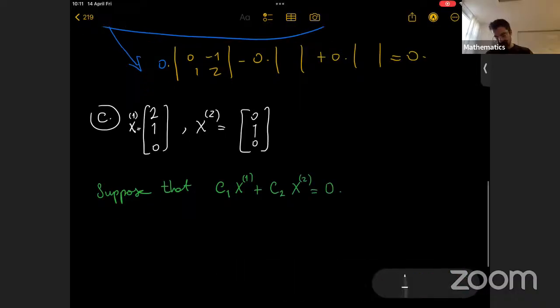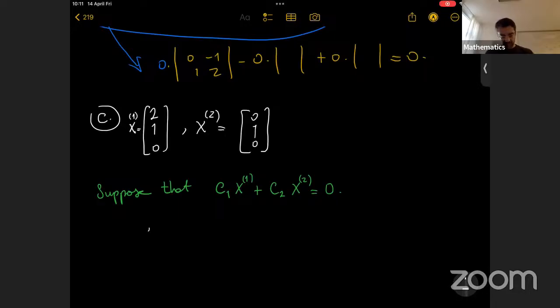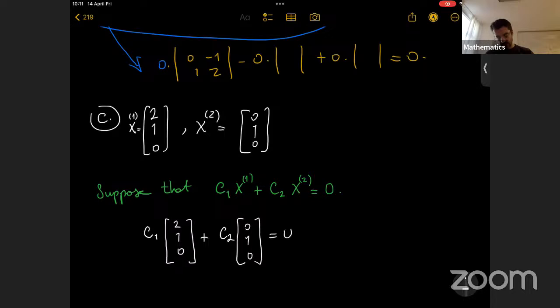This implies basically C1 times (2, 1, 0) plus C2 times (0, 1, 0) is equal to the zero vector, which implies 2C1 plus 0C2, which is 0, is equal to 0, and C1 plus C2 is equal to 0.